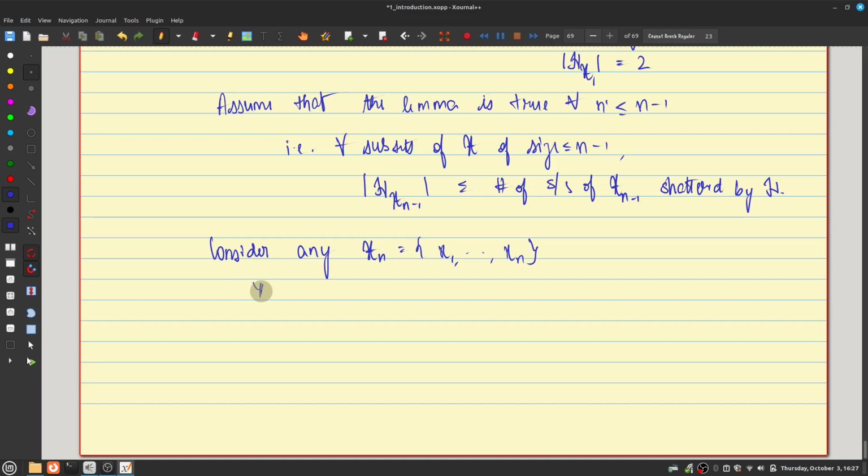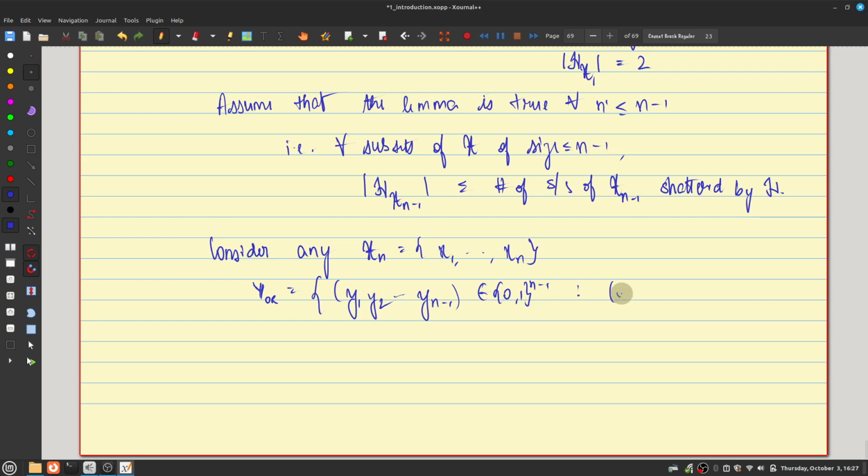I'll call them y or, which is the set of all y1, y2 up to yn minus 1 such that, when appended with 0 or 1, it is in the restriction. So what is hxn?